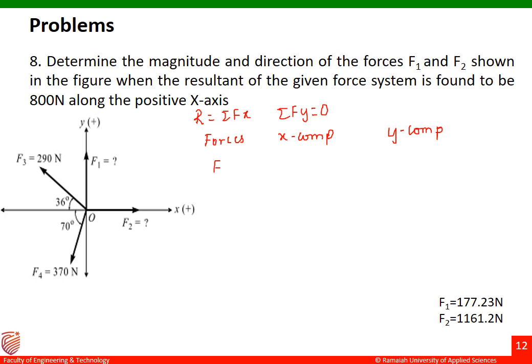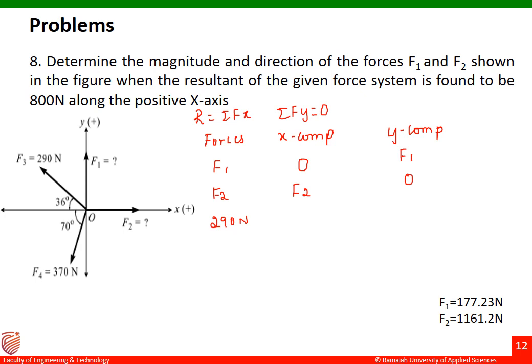The angle made by this F1 is 90 degrees with respect to horizontal. So the x component will become 0 and the y component will be F1 itself. Okay, so let us go for F2. The x component is F2 and the y component will be 0 there. So let us go for the force F3, that is 290 Newton. The x component of that would be 290 into cos 36.